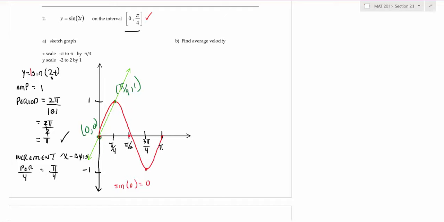So the average velocity, again, is going to be the change in y over the change in x, which will be y2 minus y1 over x2 minus x1. So when we do the values here, we're going to subtract the y values, 1 minus 0.